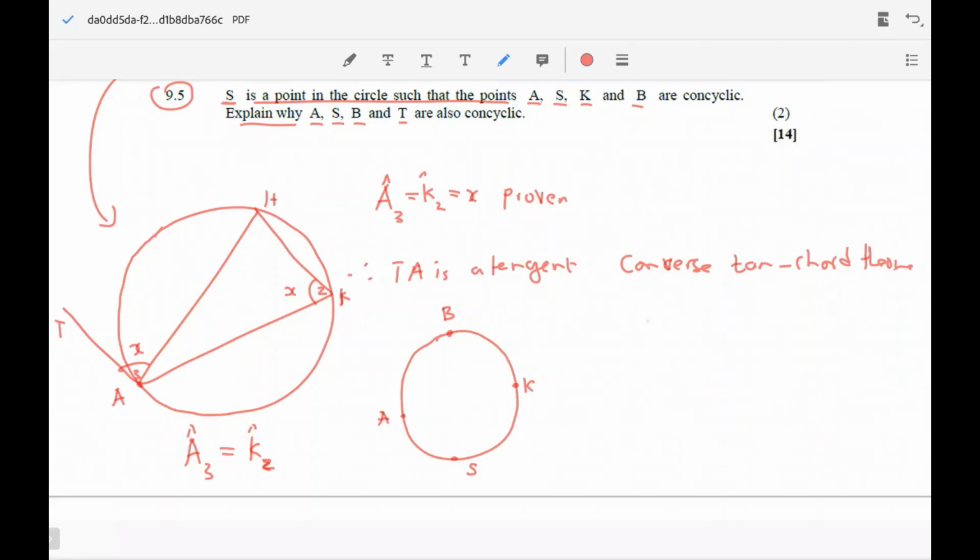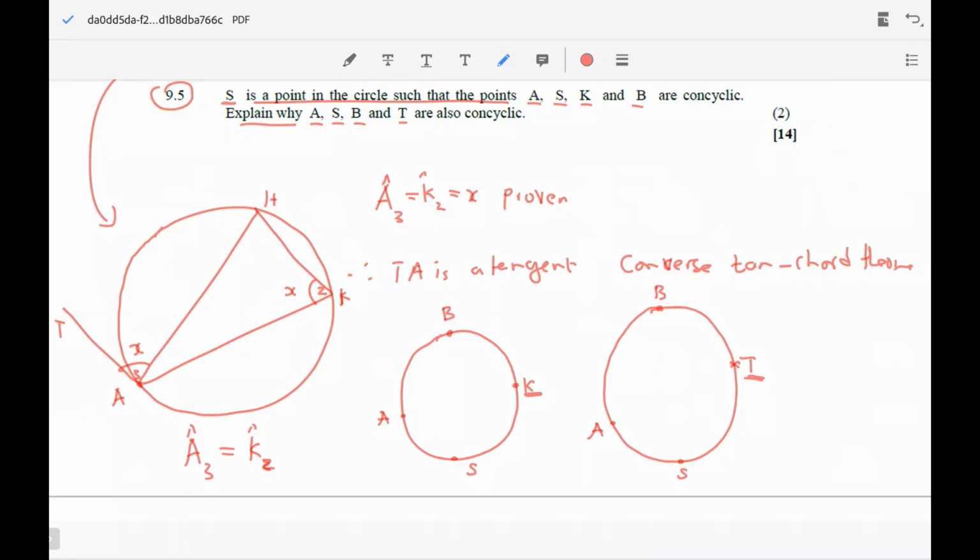And then the other circle talks about the same A, the same S, and the same B, and then it talks about point T. So when you look at these two circles, the only difference between them is point K and point T. So if A, S, K, B are concyclic, definitely A, S, T, B will be concyclic.